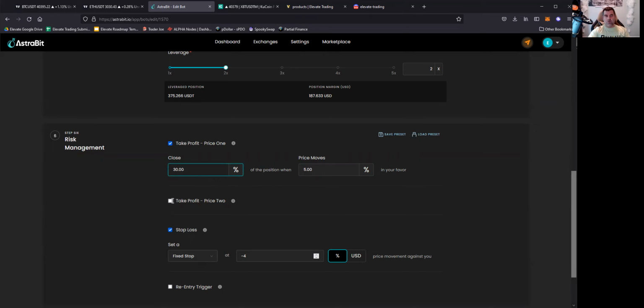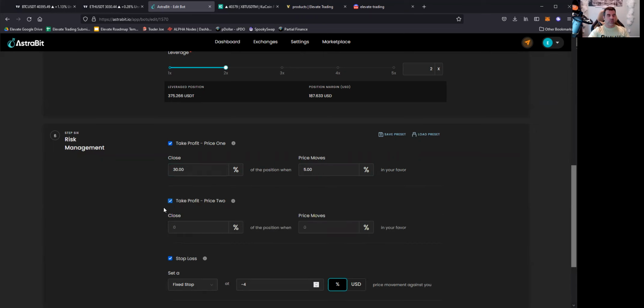And let's say I don't have a take profit for the second one. That means 70% of my position is going to ride up with the strategy and will close when the strategy changes direction and flips to the next signal. Or I can set a target profit 2, and let's say I want to close another 30% at 8% in my favor.